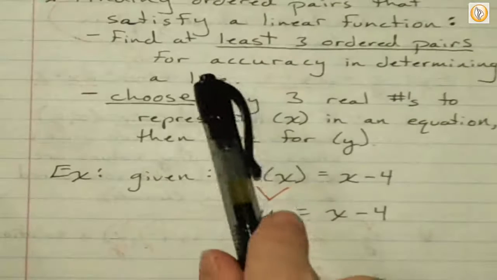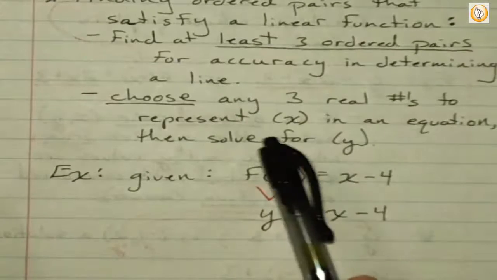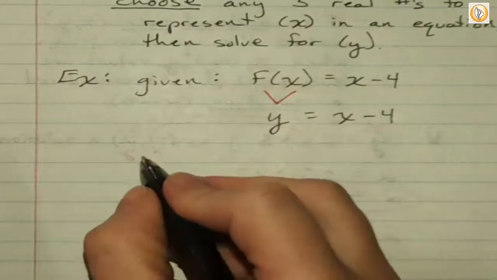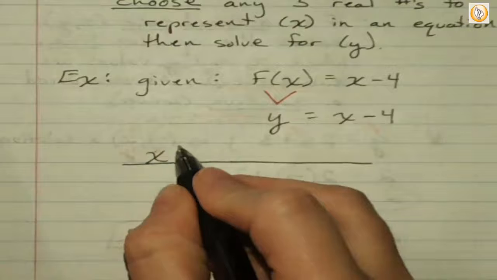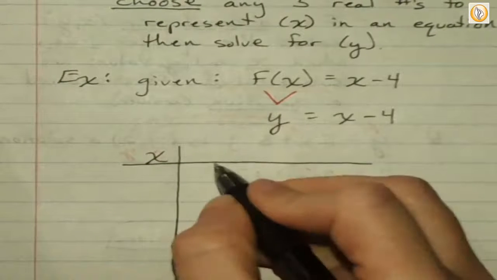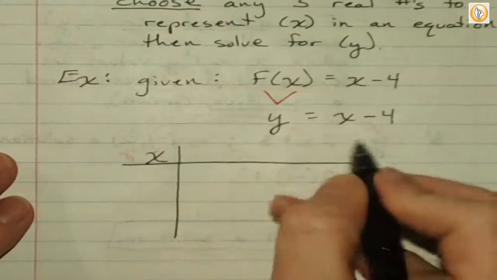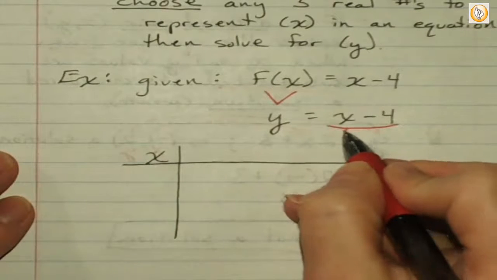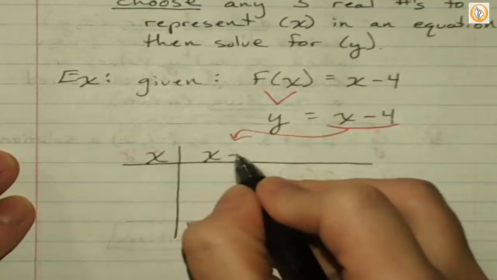All right, so find at least 3 ordered pairs. Any 3 real numbers to represent x in an equation, solve for y. So what you're going to do is you're going to make a chart. And here I'm going to put the actual equation, x minus 4.